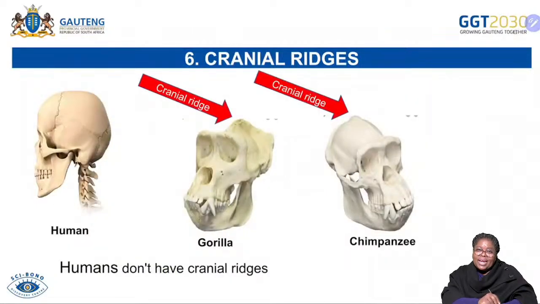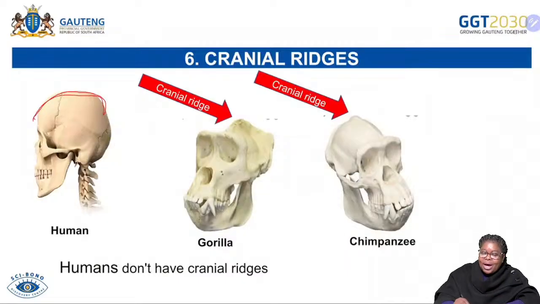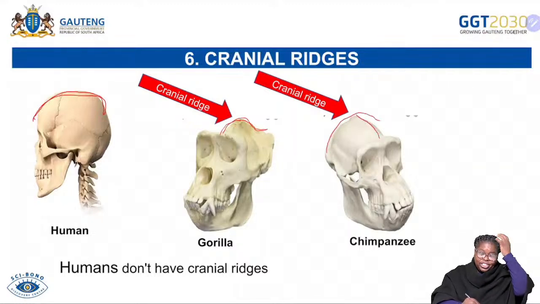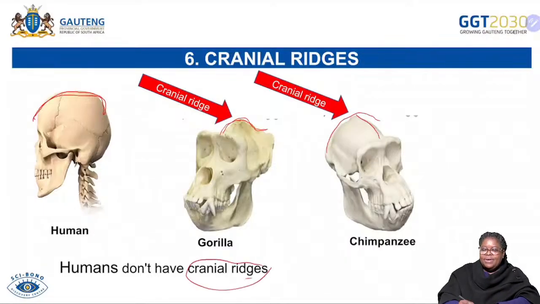In terms of the cranial ridges, now look at the humans. You can touch your head. You don't have those cranial ridges, but with gorilla, with chimpanzee, can you see these are the ridges? These are cranial ridges, right? They like those bigger edges. But then humans don't have cranial ridges.